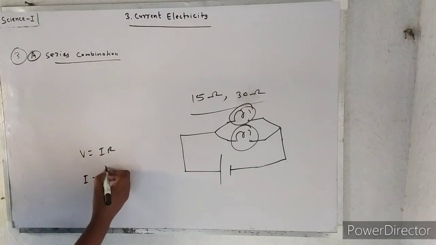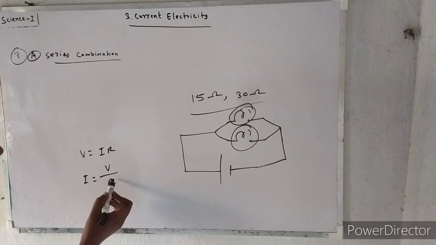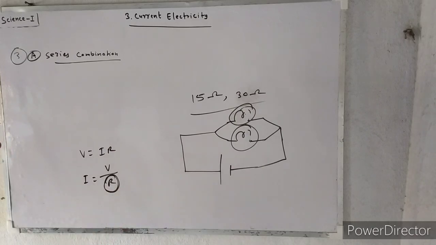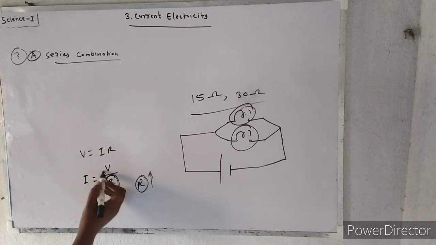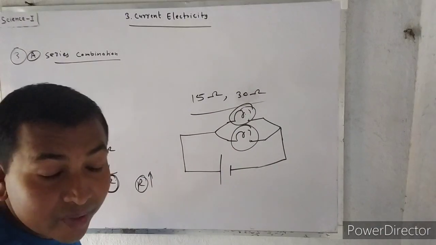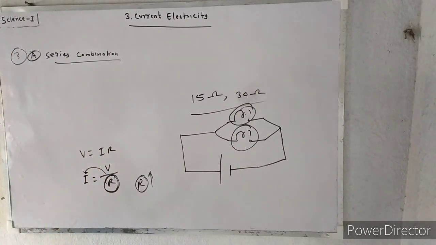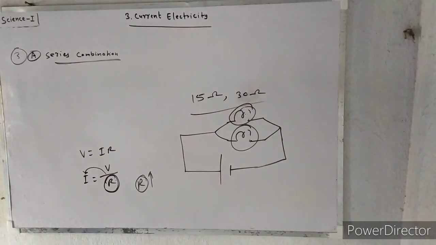Here I will be equal to V upon R. And if you increase the value of R, current will decrease, and if current decreases, the bulb will not burn. Okay, the bulb will not be damaged. That's why he should use a series combination in this particular case. Okay.